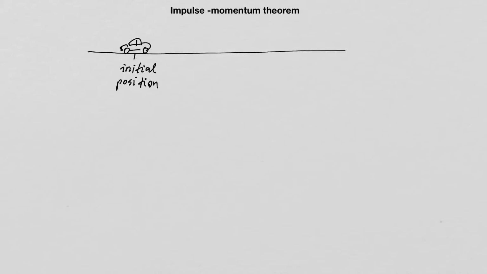Before we talk about that theorem, let's define what impulse is. So, one more time, let's look at our example with the moving car. So the car initially is at this initial position. And then some force F is applied to the car. And the car here starts with initial velocity v sub I. So then the car moves down the road under the action of this force and gets to some final position.